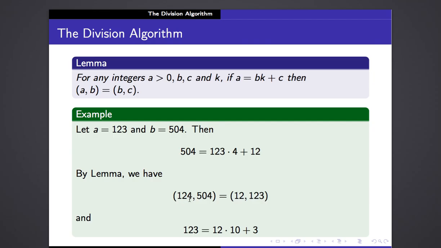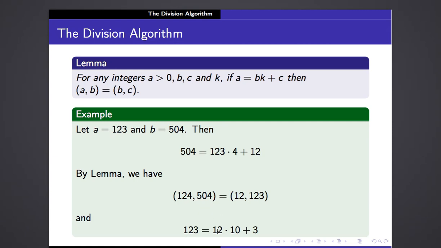But anyway, the greatest common divisor of 123 and 504 is the same as the greatest common divisor of 123 and 12. Of course, the right hand side is dealing with a smaller number, so it's easier for us to find the GCD, which happens to be the same as the GCD of the original pair, 123 and 504.